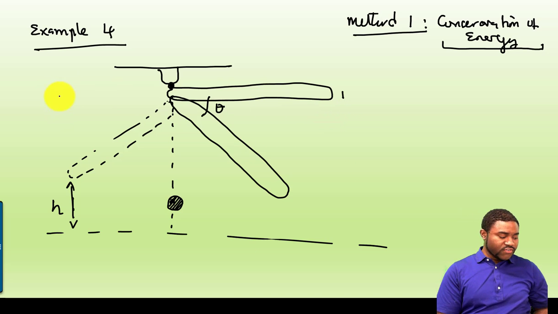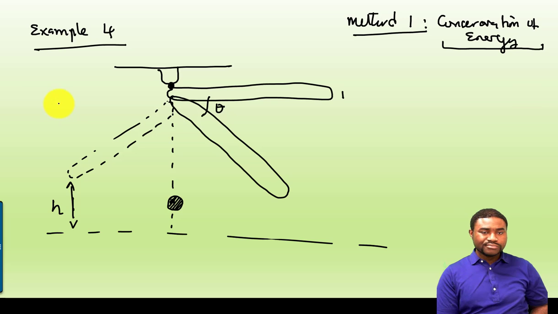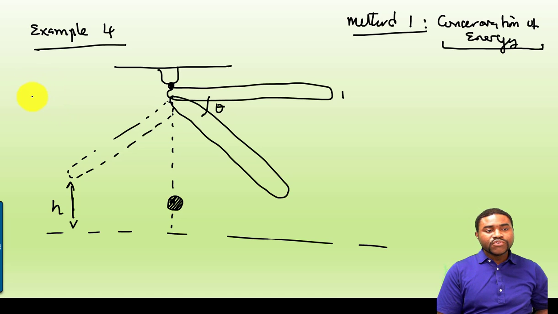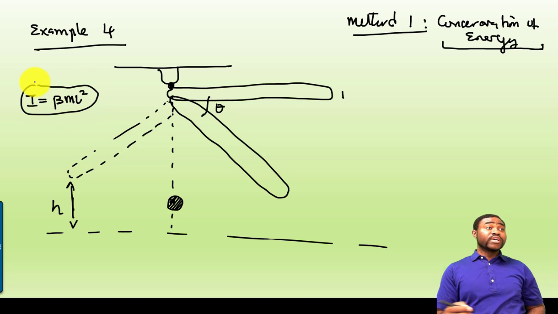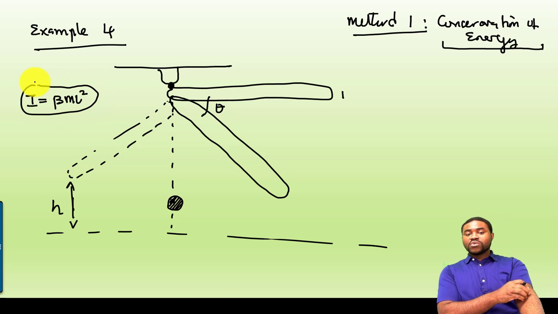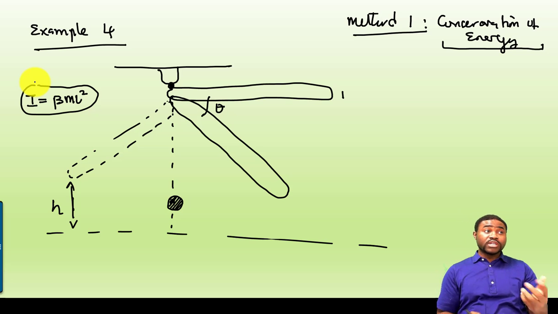I will use my I to be equal to beta ml squared. Just the generic I. But in the question, you will be asked to calculate I.